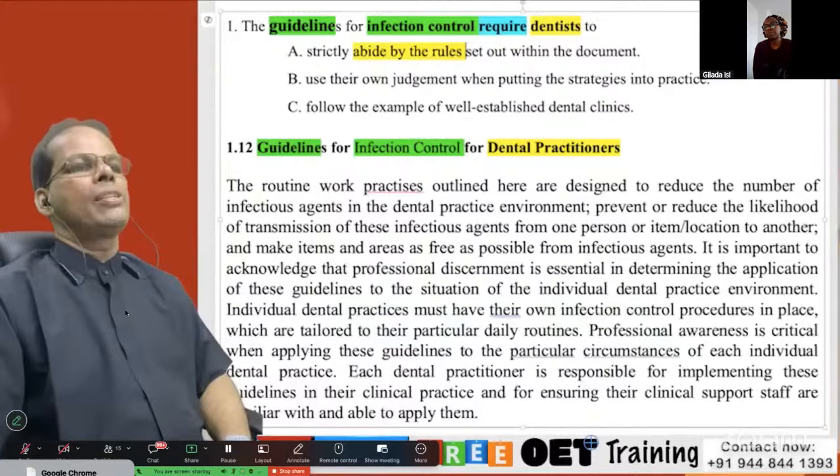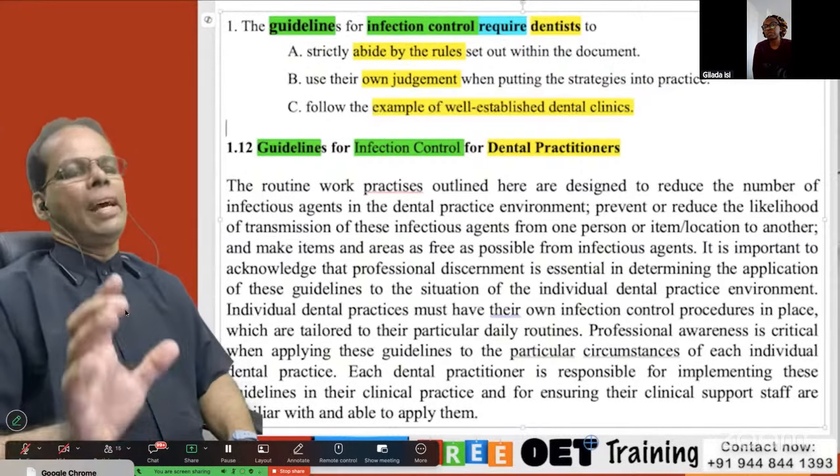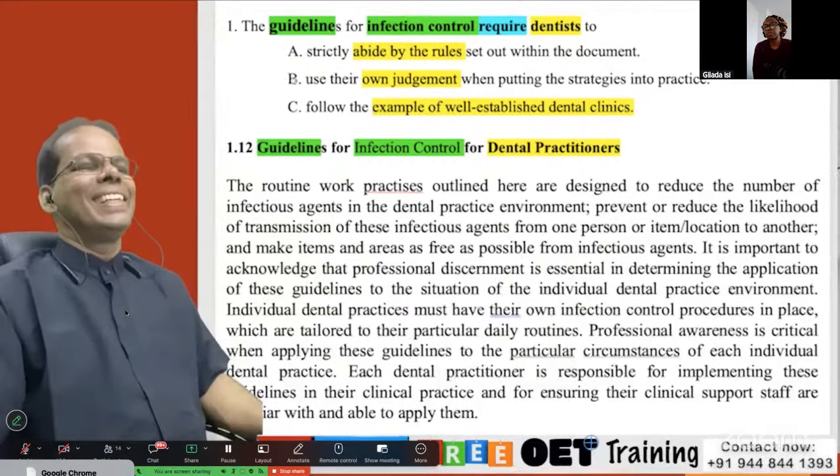In option B, use their own judgment when putting the strategies into practice. Third one, follow the example of well-established dental clinics. Examples of well-established clinics. Okay. So these are the hedging words.